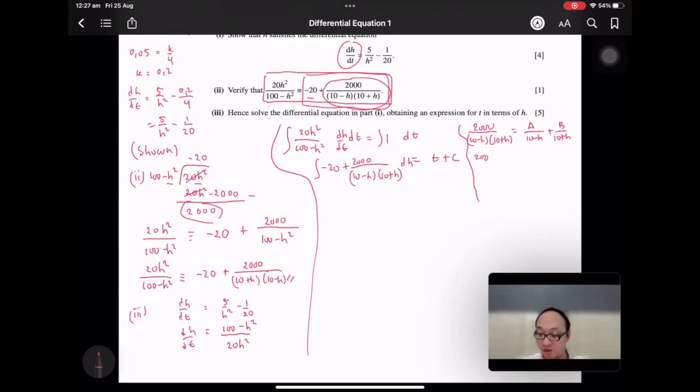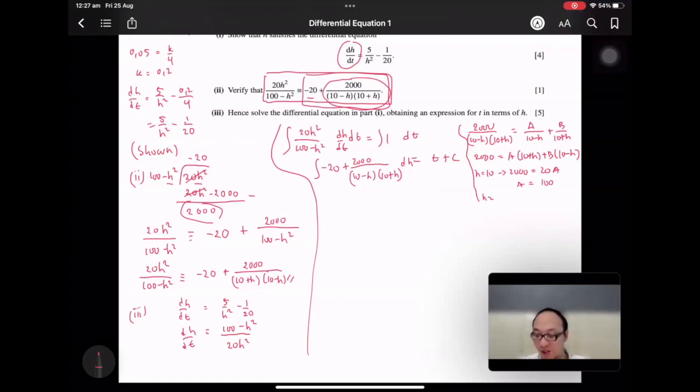So 2000 will be equal to A times 10 plus h, plus B times 10 minus h. For h equals 10, I have 2000 equals 20A, so A equals 100.